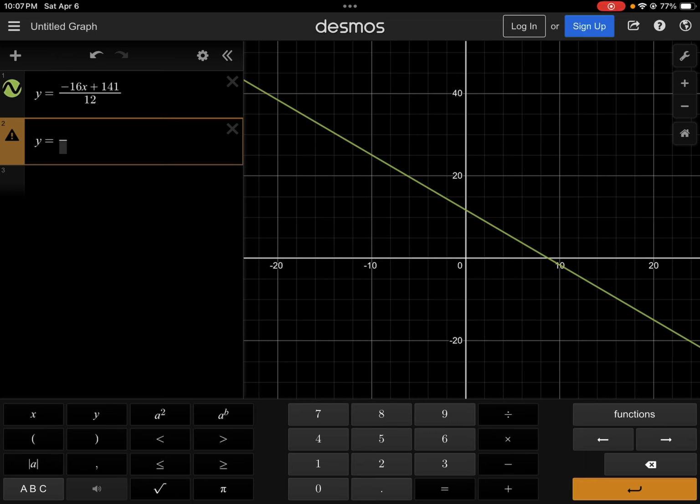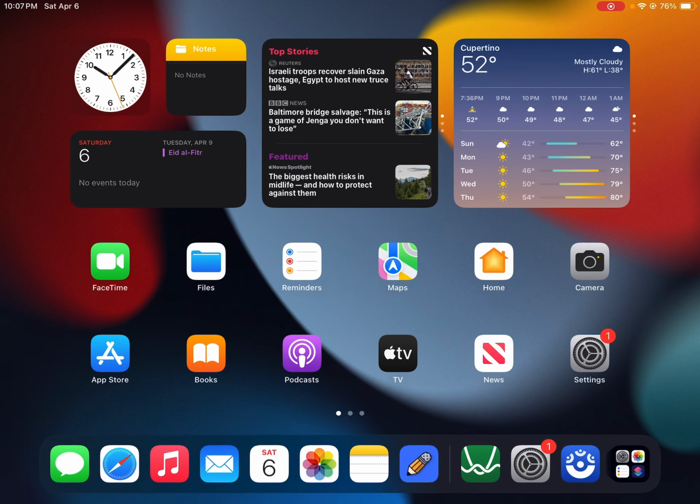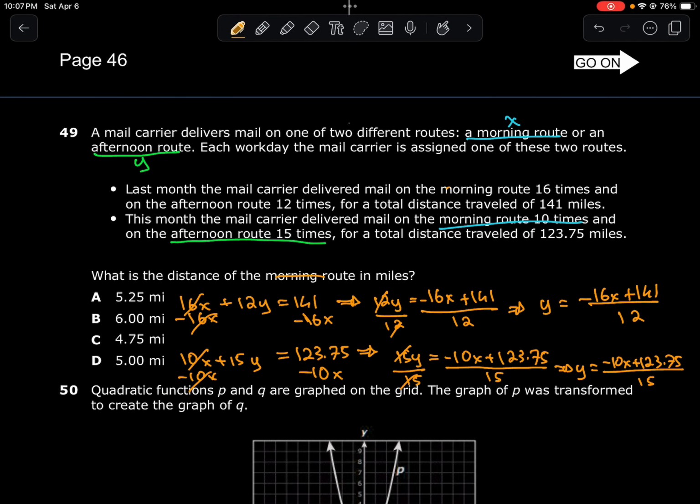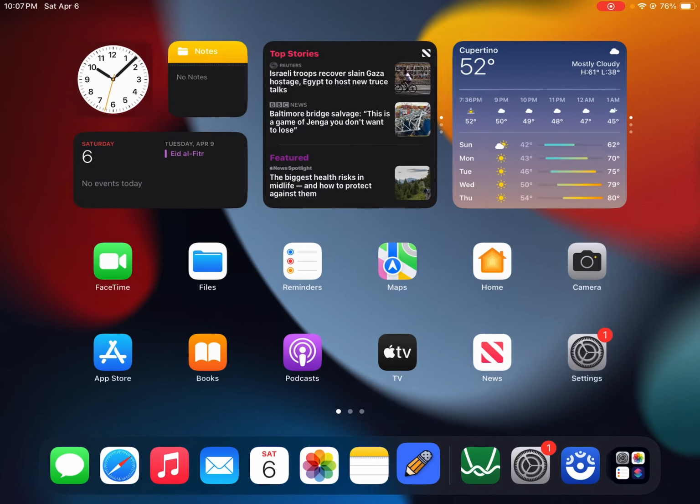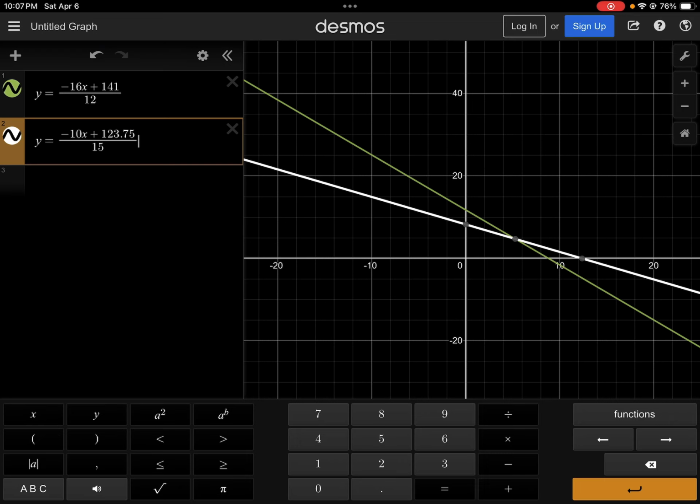Now I have negative 10x in the numerator plus 123.75, and in the denominator is 15. Double checking: negative 10x plus 123.75 over 15. Okay, now what do I need?